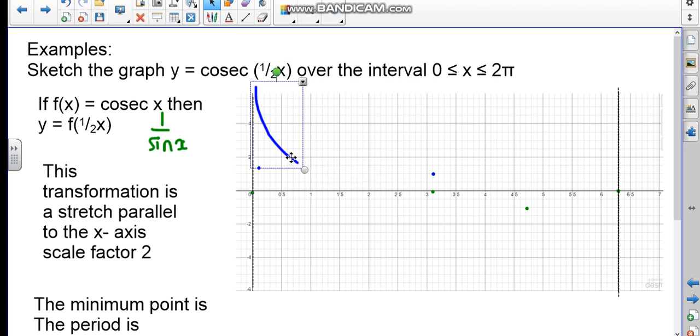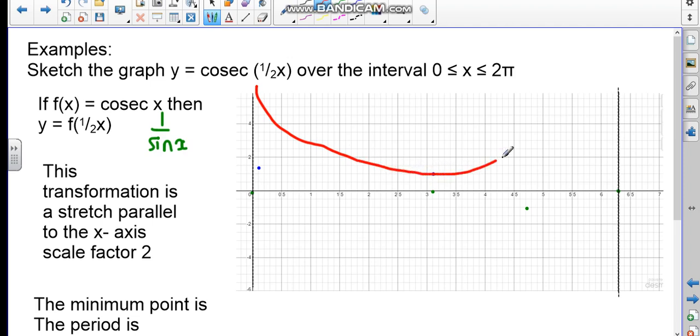If you're doing this in an exam, what I would do is draw your original graph lightly in pencil and then draw clearly the graph you intend to be marked, and labelling as well is always a good idea. So this is going to start with the asymptote here, but it's going to take quite a long time to get down to this point here.